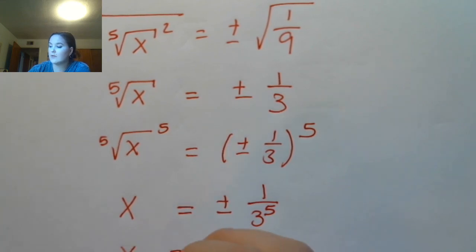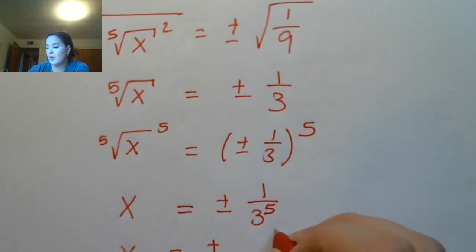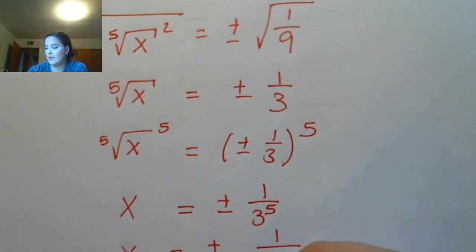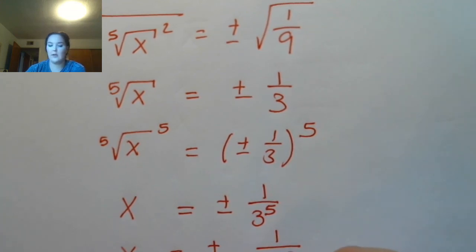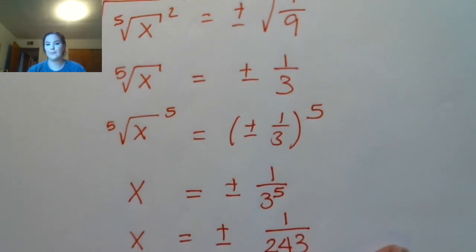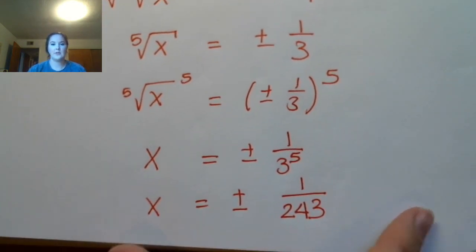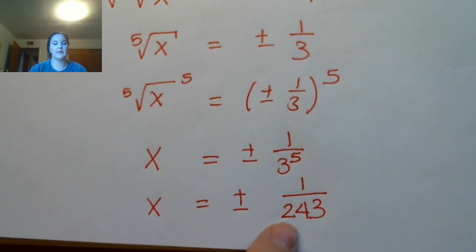So this is going to be 1 over 243. Let me just double check that that is 243. I'm pretty sure. Yep. So this would be our final answer.